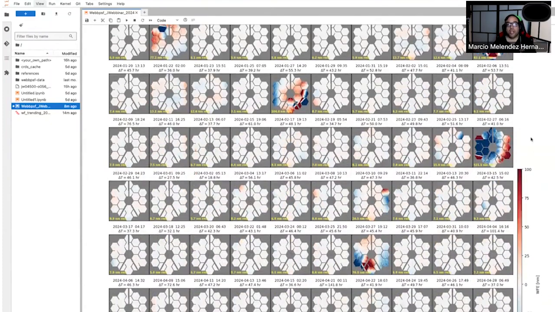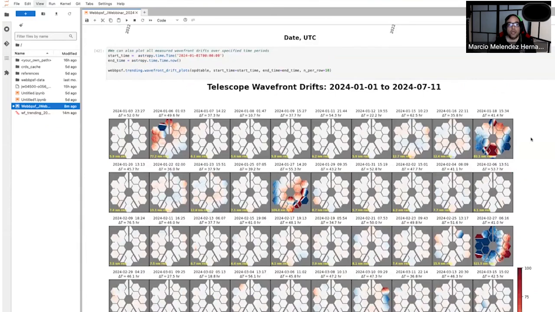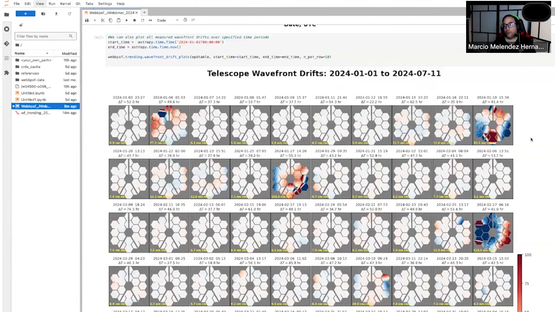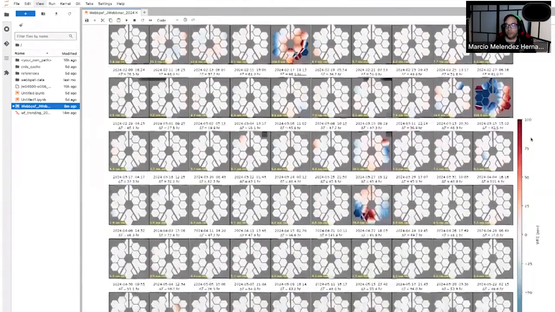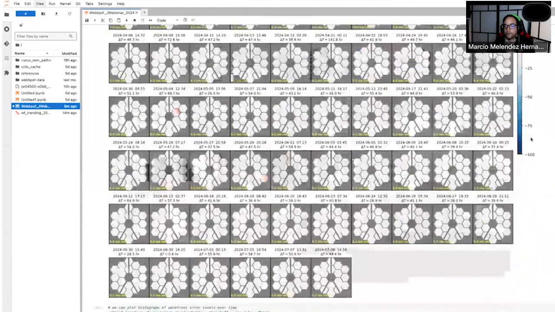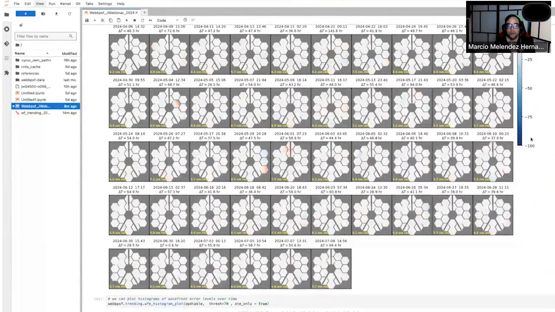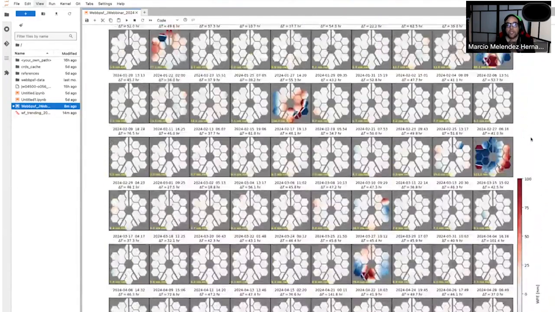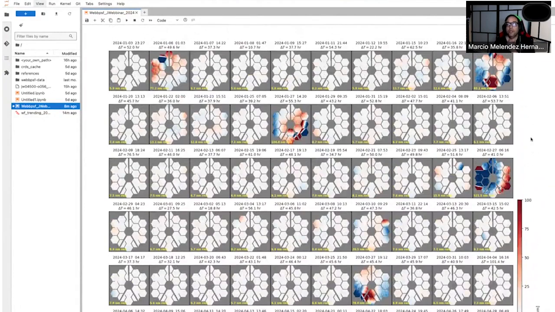And you'll see that in this case, I'm doing a range from early this year, 2024, to this past weekend or last week. And you see that early in the year, we have some events.